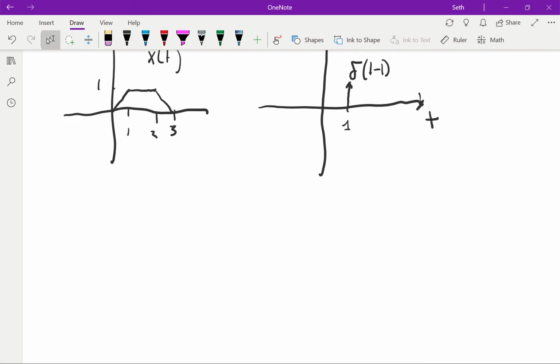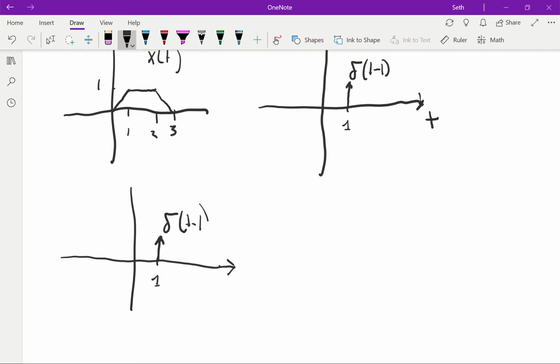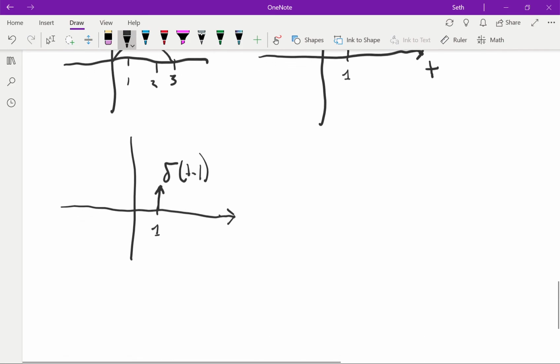And at that point, x of t is equal to just 1. So it has a weight of 1. And that's what our graph looks like. Okay, number 1's done.